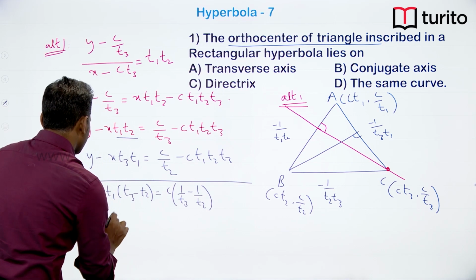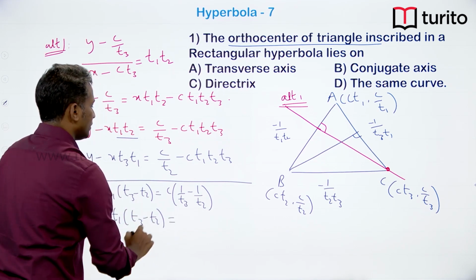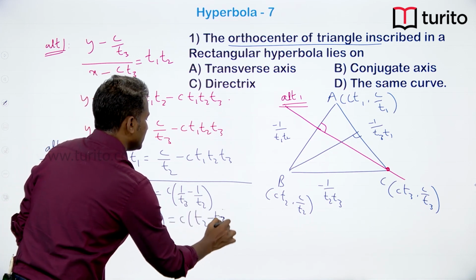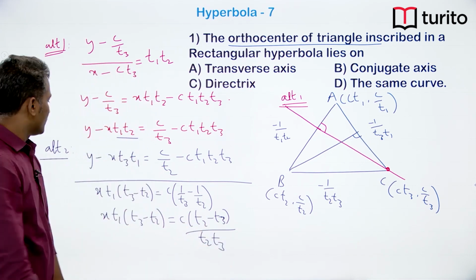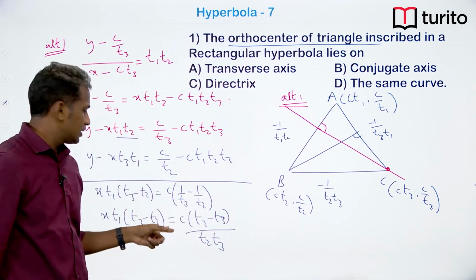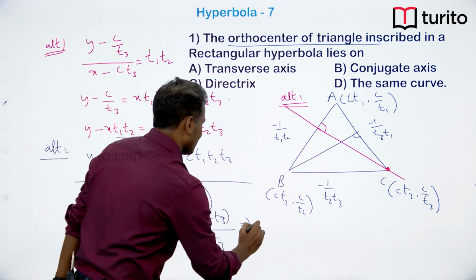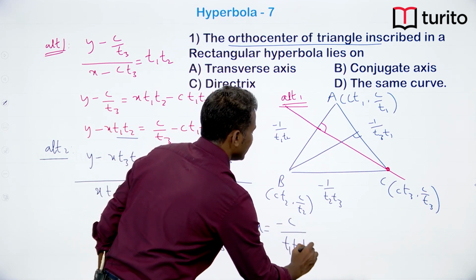I get x T1 into T3 minus T2 is equal to C into T2 minus T3 by T2 T3. So here T3 minus T2 gets cancelled and we will get x equal to minus C by T1 T2 T3.